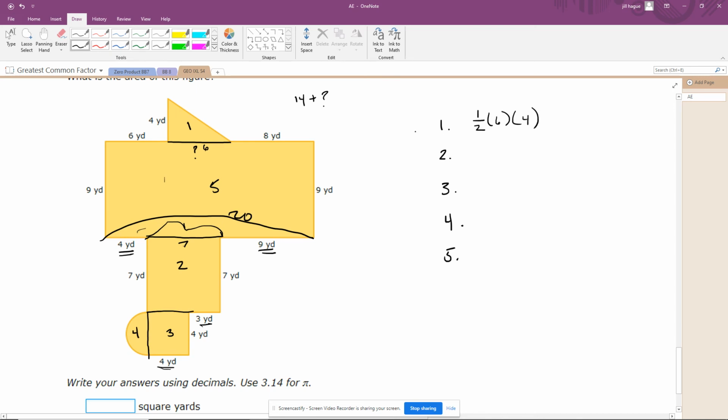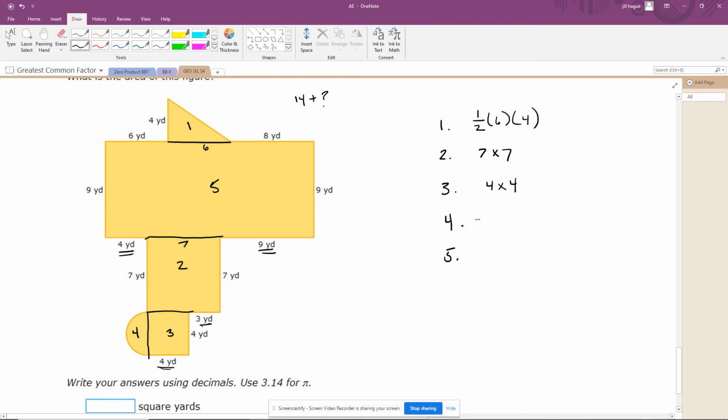Okay, let me erase some of those things so I don't confuse us. All right, erase that, and now we'll leave that 6 in there. Okay, and then shape number 2 would be this rectangle, which we know is 7 by 7. So number 2 is 7 by 7. Number 3 is 4 by 4.